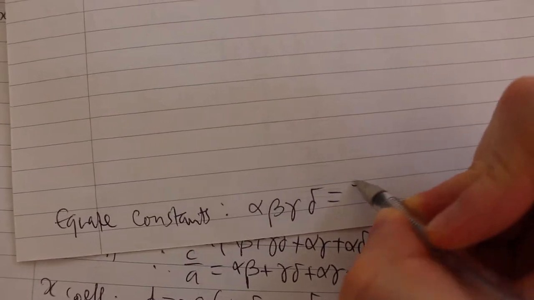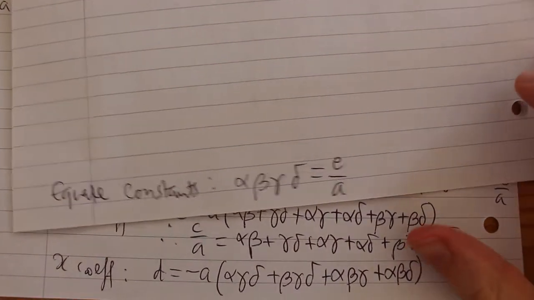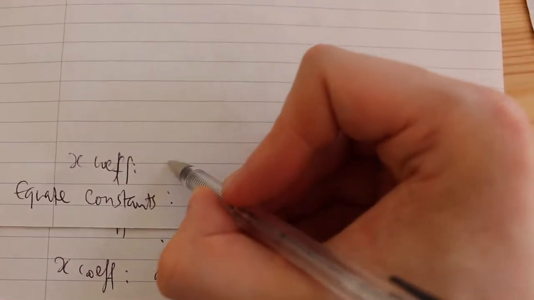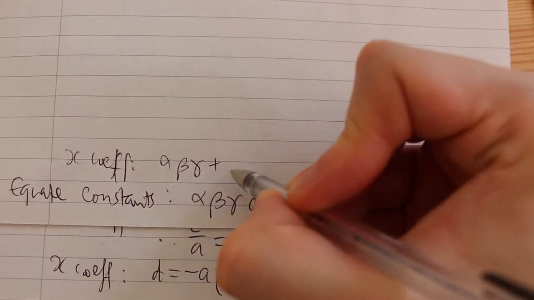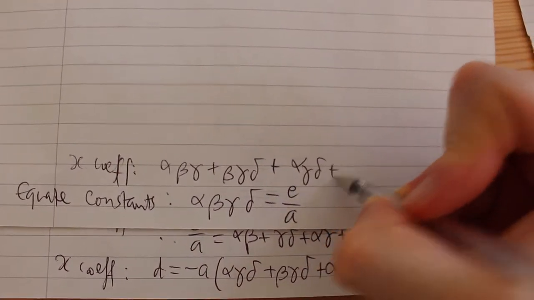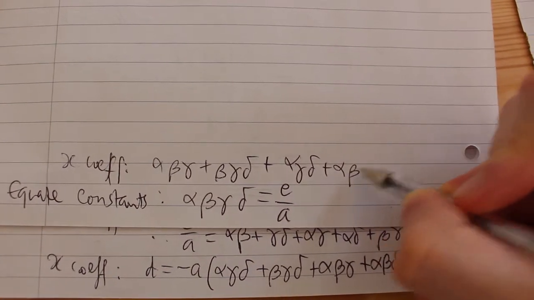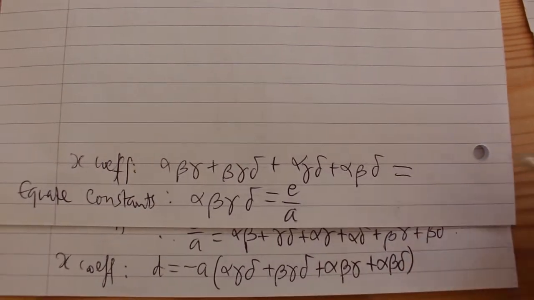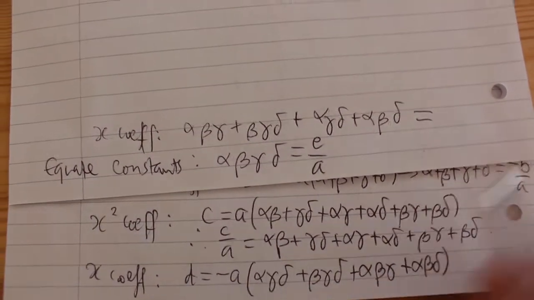So we're going to get alpha beta gamma delta is e over a. And then from the x coefficients again, just to write it down, we get that alpha beta gamma plus beta gamma delta plus alpha gamma delta plus alpha beta delta is minus d over a.